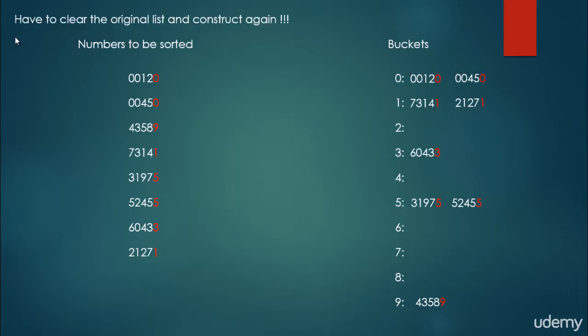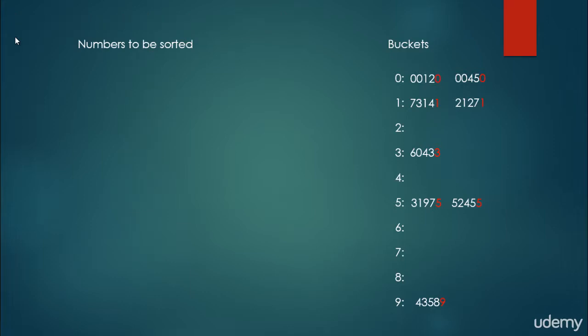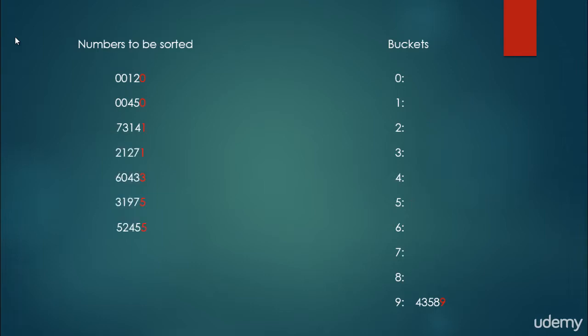We have to clear the original list and construct it again. As we see, we can do this with linear time complexity. We can construct these buckets with linear time complexity, so it's going to be a linear time complexity algorithm. We keep pushing back, popping these numbers, and reconstructing our arrays to be sorted. Here we go on and sort according to the next digit.